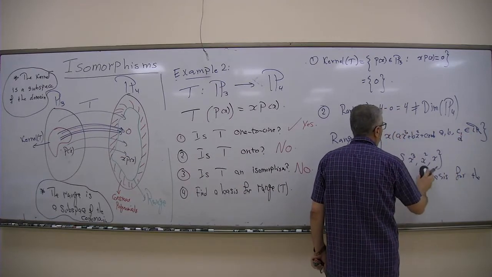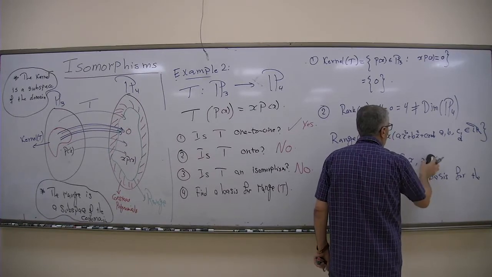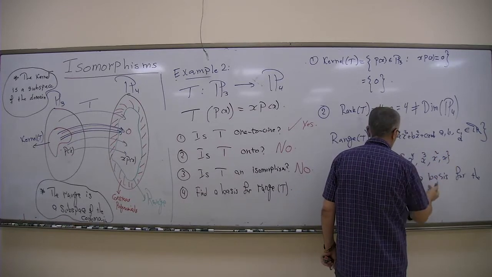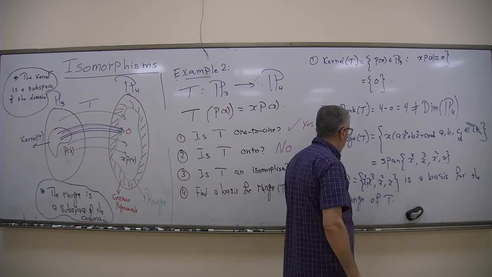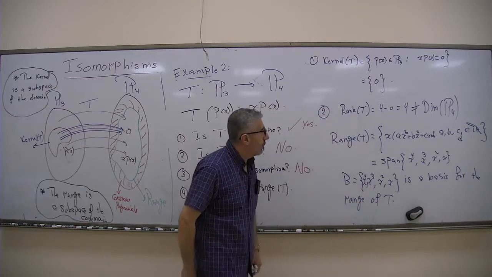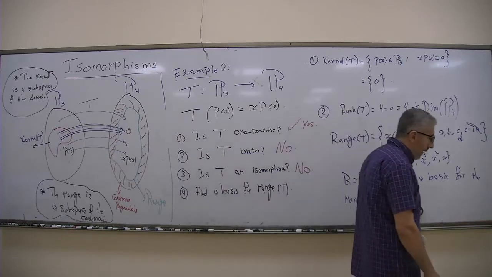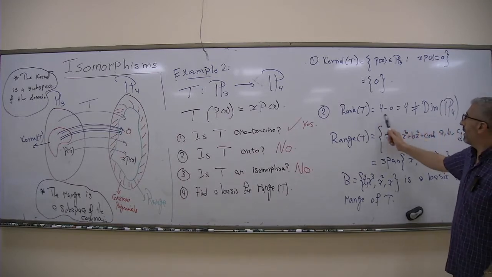So this has to be x exponent 4, x cubed, x squared, and x. So x exponent 4, x exponent 3, x squared, x is a basis for the range of T. As you can see, we have 4 vectors in the range, and that is consistent with what we said about the rank.